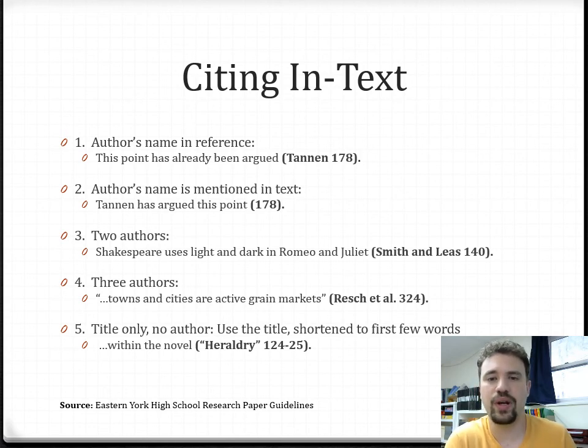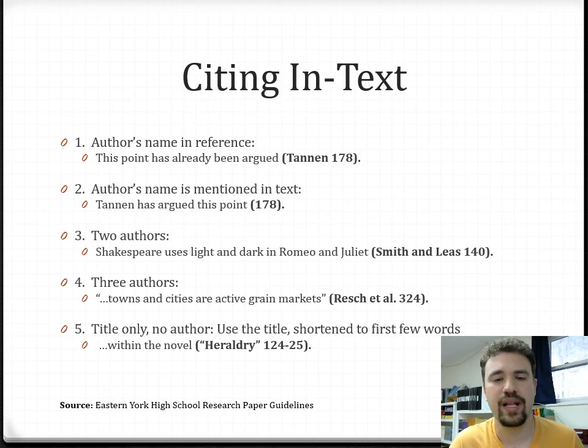So I just said this point has already been argued. Then I would need to say who had argued it and where to find it in my in-text citation. So I would say Tannen 178. What this would allow the reader to do is then to say, oh, Tannen, and go to my works cited page and find the listing that started with Tannen, right? That citation would then point them to all the information they needed to find that source.